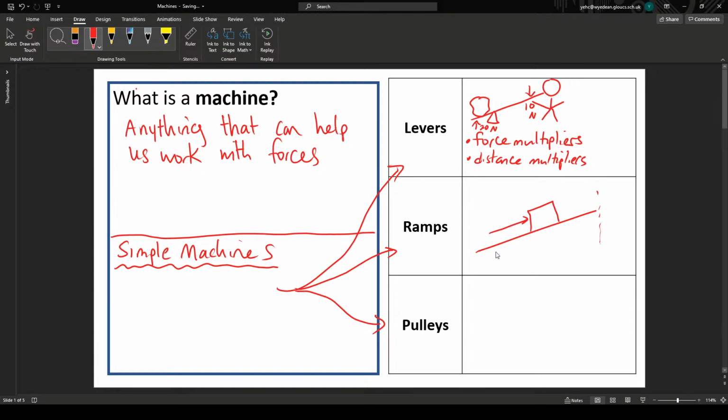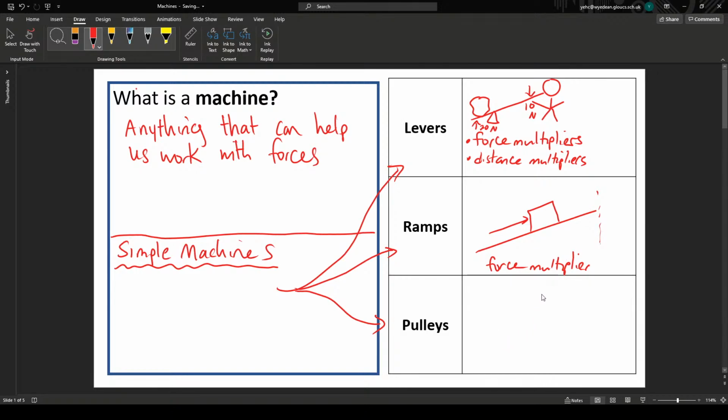Obviously, it will take a lot longer because it has to travel a further distance. But it's once again a force multiplier in that it allows us to take a smaller force and turn it into a bigger force, if that makes sense.